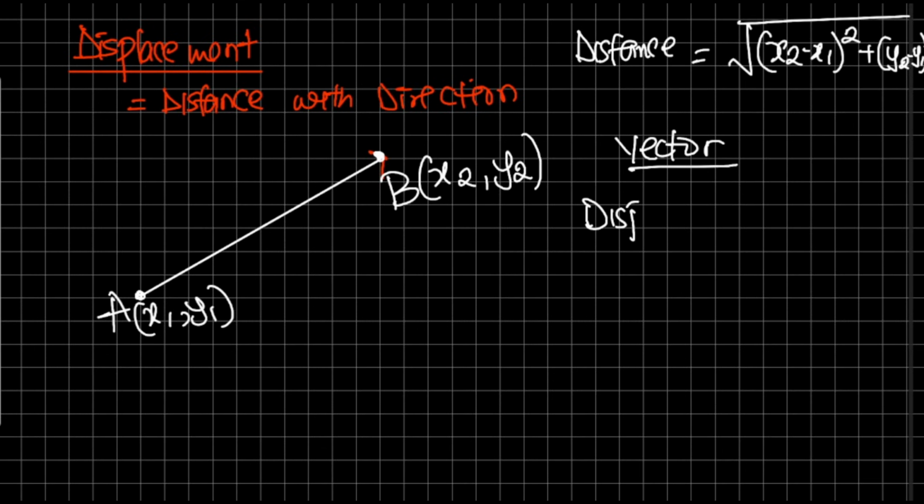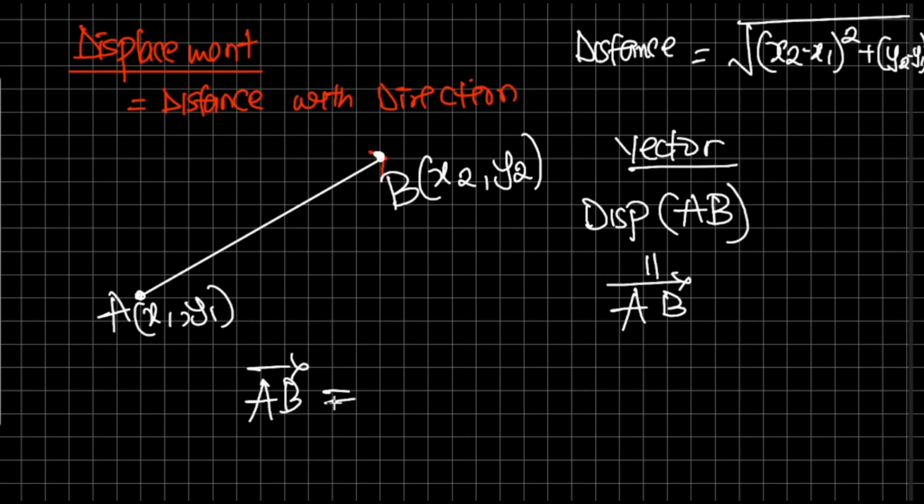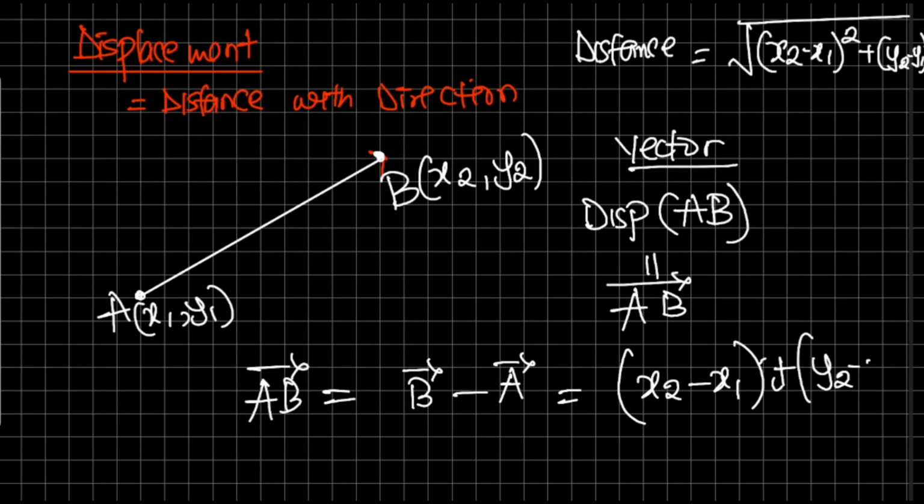The displacement AB is also denoted as AB with an arrow, and AB is defined as B minus A. You subtract the first vector from the second vector, and this is going to be x2 minus x1 i plus y2 minus y1 j.